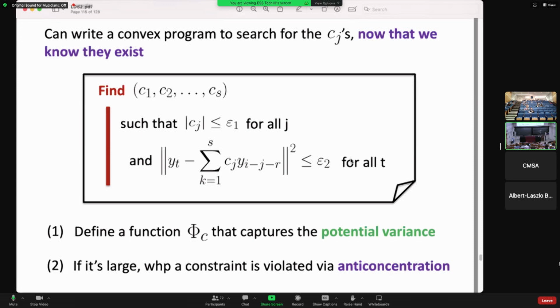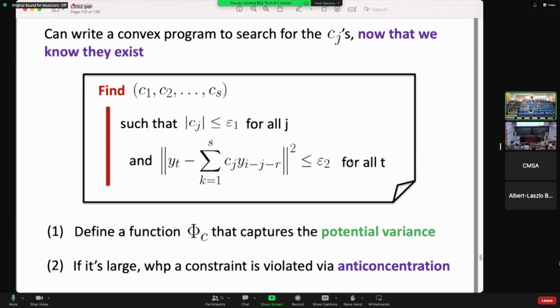So the way that the analysis goes is that you define some appropriate potential function that captures the potential variance as if you were to rerun the time series from scratch. And you show through the right kinds of anti-concentration that the only way that the potential variance is large is if with high probability you would have actually violated one of these constraints and you would have actually been large for some y hat t.